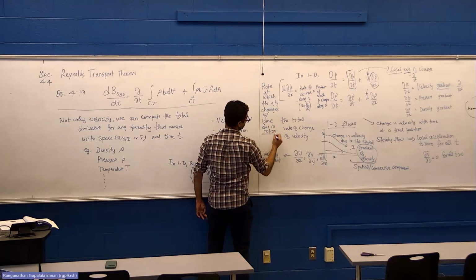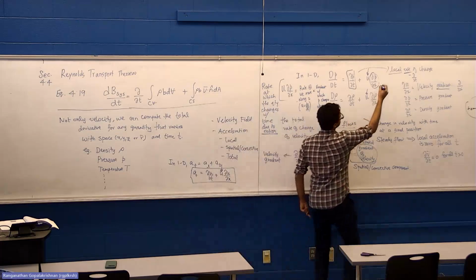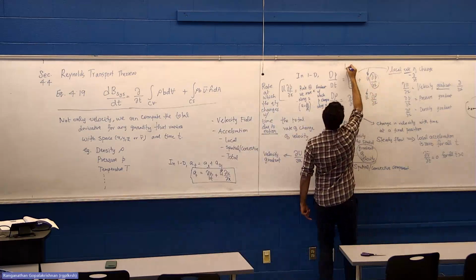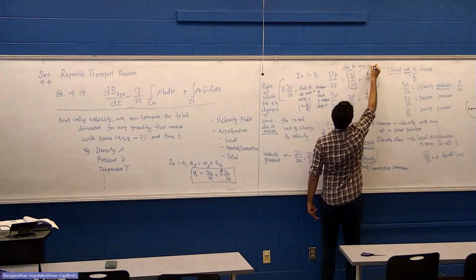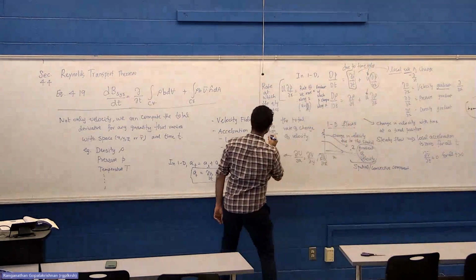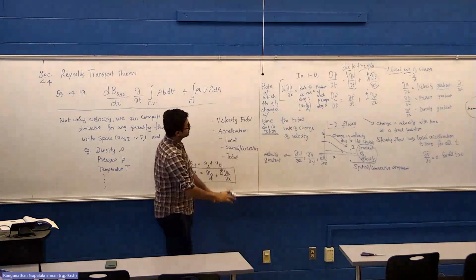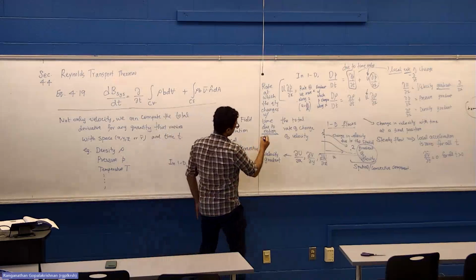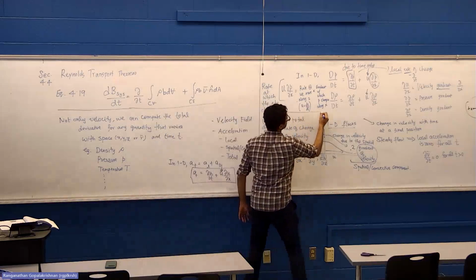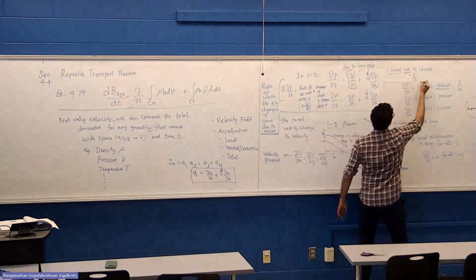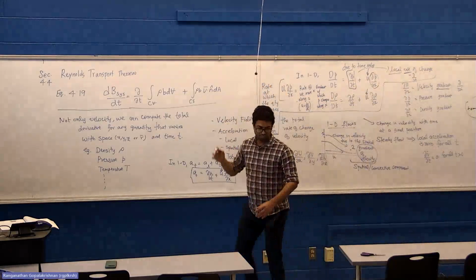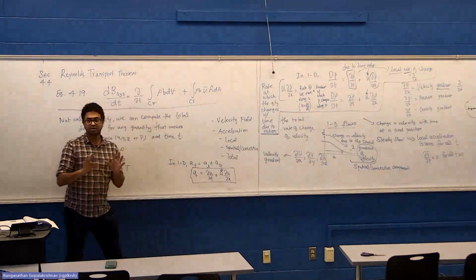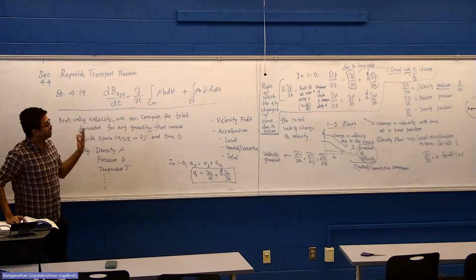This is the keyword, due to motion. This is just due to time only, whereas this is due to motion. I know it's a little messy, but what I would want you to take down is all of this. This is key information. I'll give you time, write it neatly, make sure you remember this and think about this.